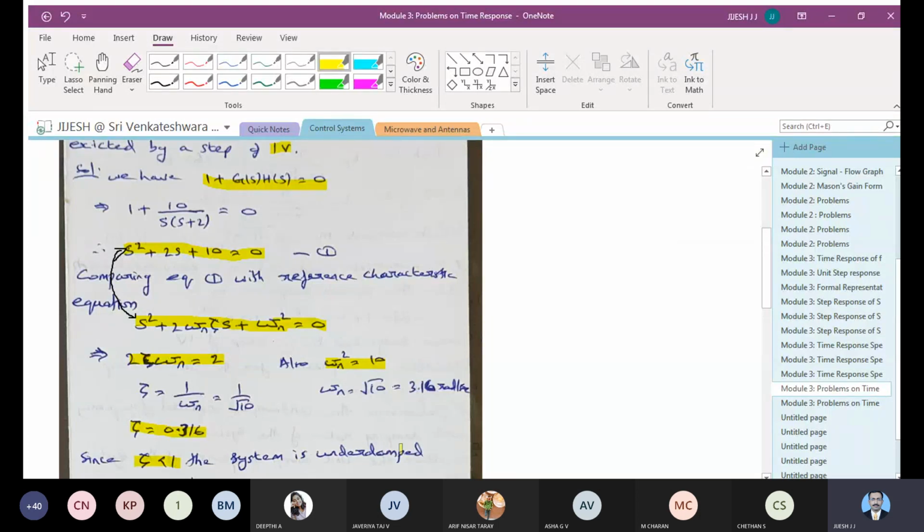So all of you should study the previous topics. You know that zeta less than 1 is called an underdamped system. So now we got the zeta value, we got the omega value. So what is it that we have to find out? The first one is rise time. So what is the equation for rise time?